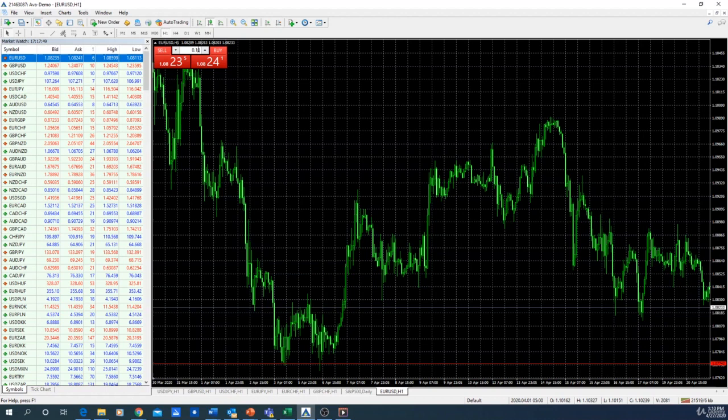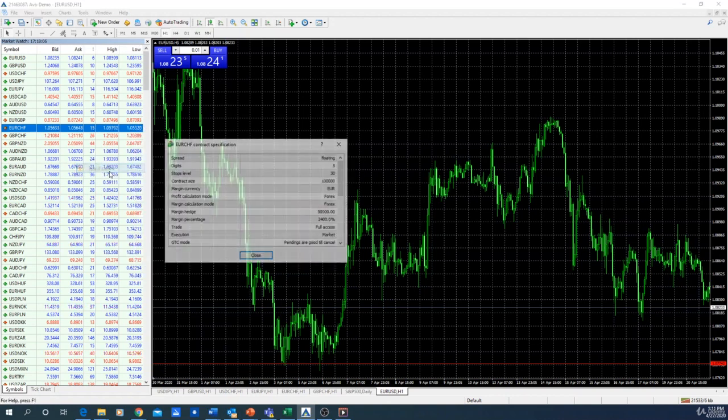If the value of your contract is 0.01, this means you buy 1,000 euros. Once again, that's for the volume. So the volume is simply calculated with the contract size. So a simple way to calculate it, you simply multiply your volume by your contract size to know how much money you will buy.